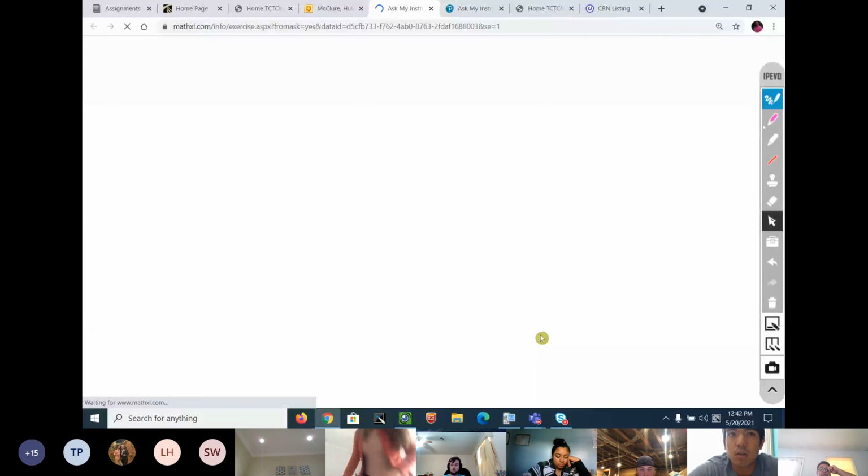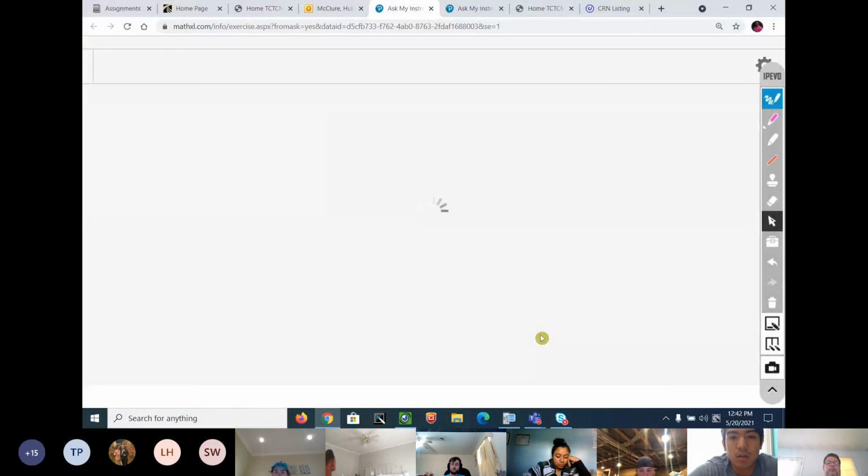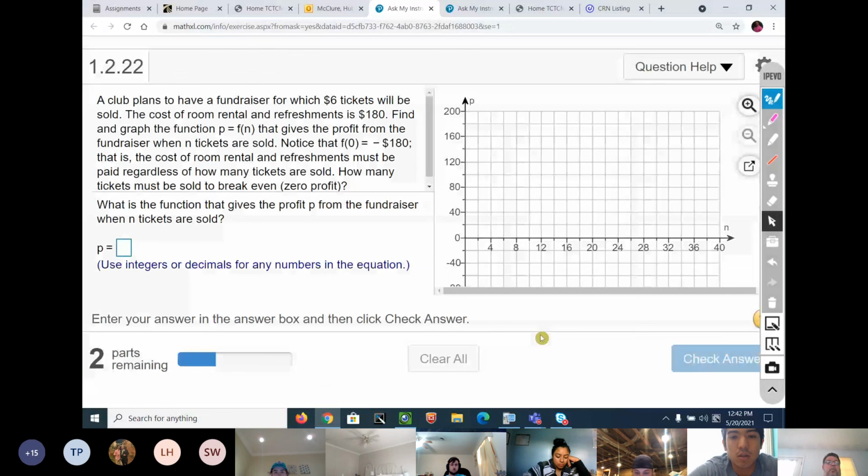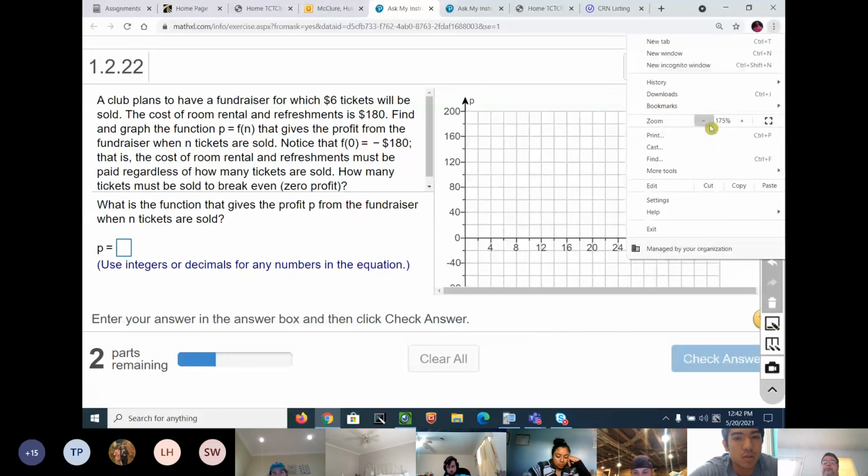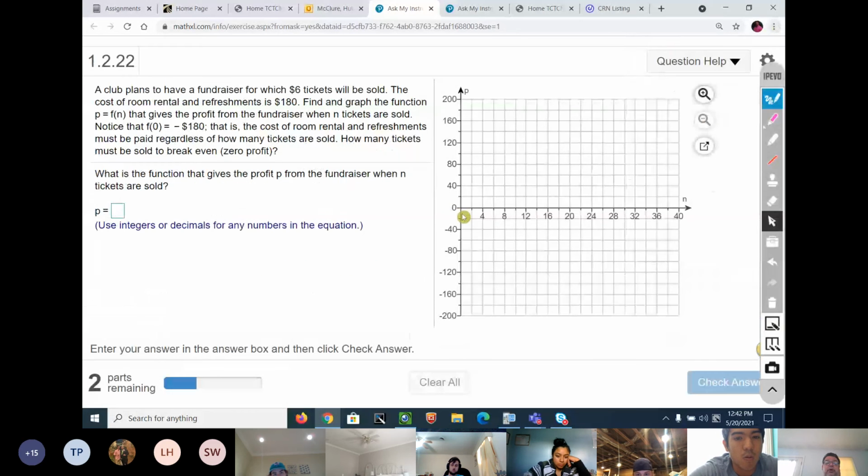Let's see what this one is. All right, let me lower it a little bit. There you go. Go ahead and write this down. The club plans to have a fundraiser for which $6 tickets will be sold. The cost of the room rental and refreshments is $180.